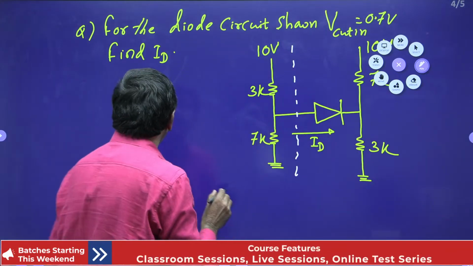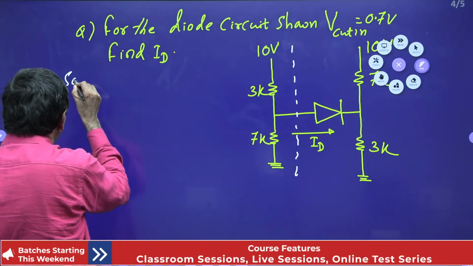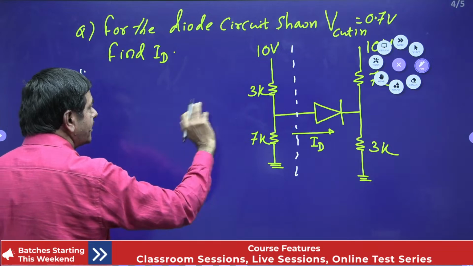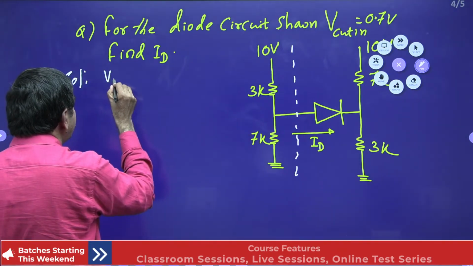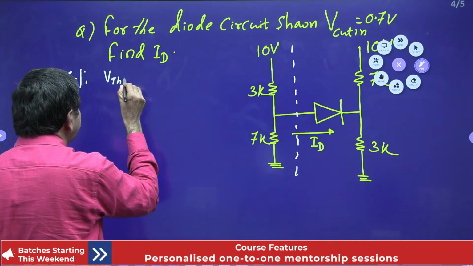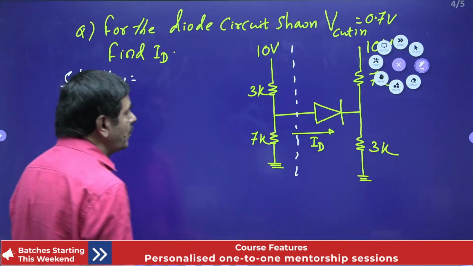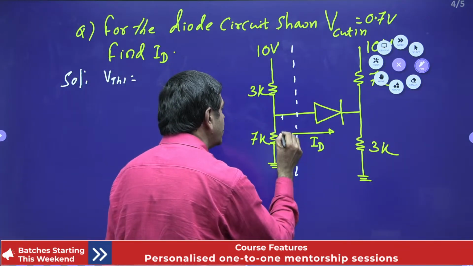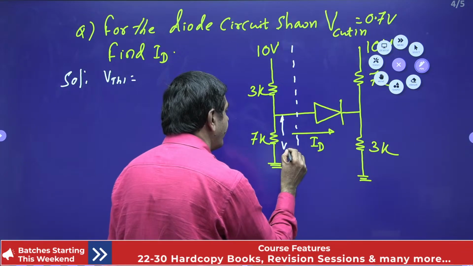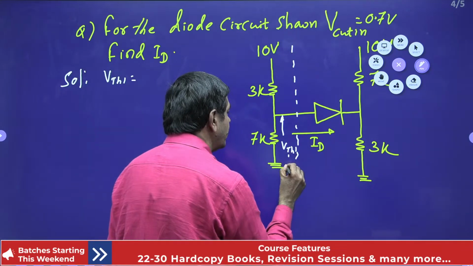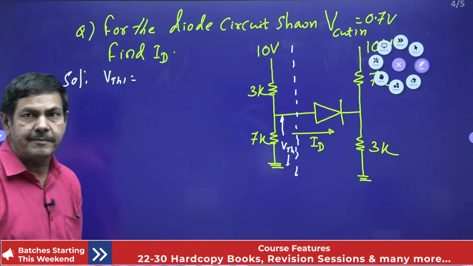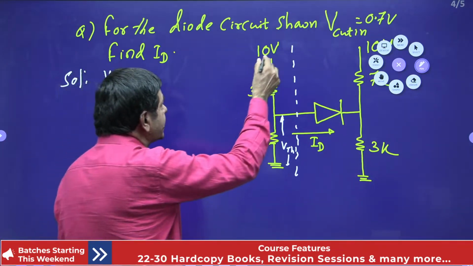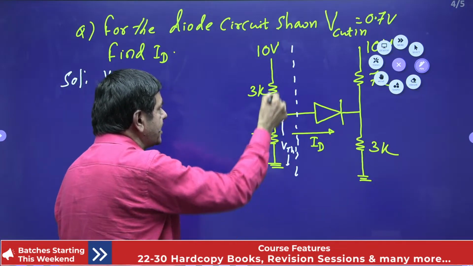In this case I will get VTH1, Thevenin's voltage 1, because two circuits are there, this side and that side. Thevenin's voltage means the voltage across this; VTH1 we need to calculate. It is the voltage across 7K. The supply voltage is 10 volts, so the same current passes this side.